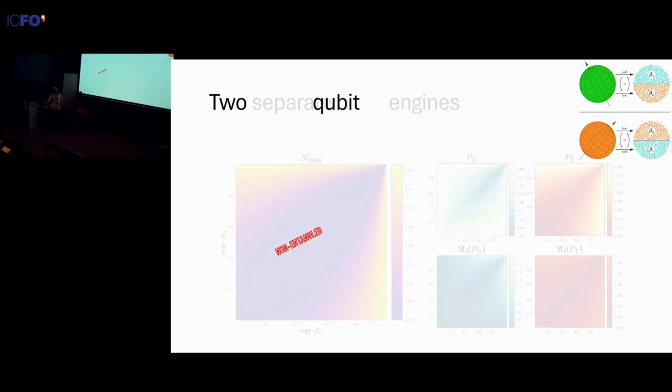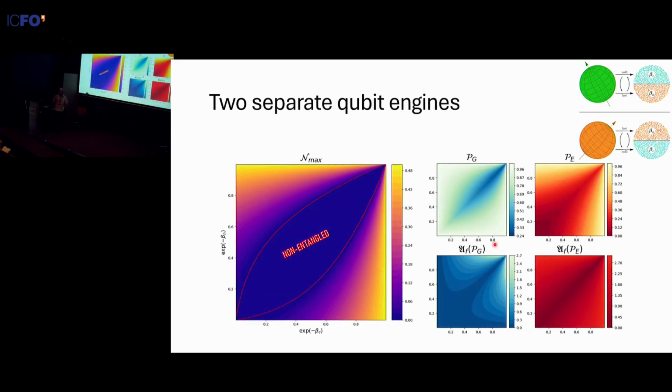As soon as we allow each party to work with the actual engine, you can see that the set of non-entangled states gets way smaller with the direction of very low temperatures, that is exponential of beta going to 1, is actually almost maximal.